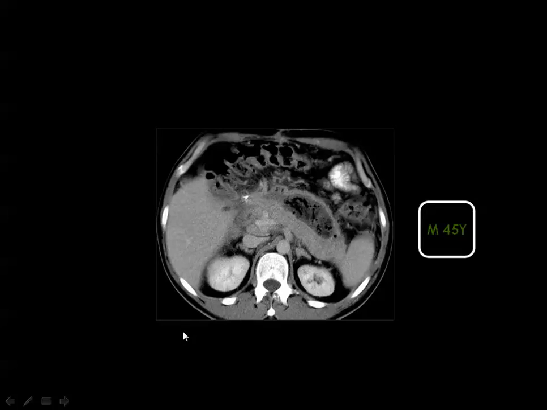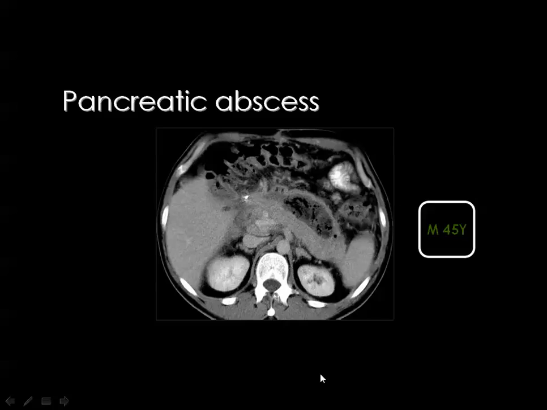As I have mentioned in the lecture of pancreatic imaging, after pancreatitis you get fluid collection in the region of the pancreas, which is known as the pseudopancreatic cyst. This pseudopancreatic cyst may be secondarily infected, resulting in pancreatic abscess. I have said that in order to differentiate between the pseudocyst and the abscess, there should be some air inside the collection to predict the nature of being an abscess.